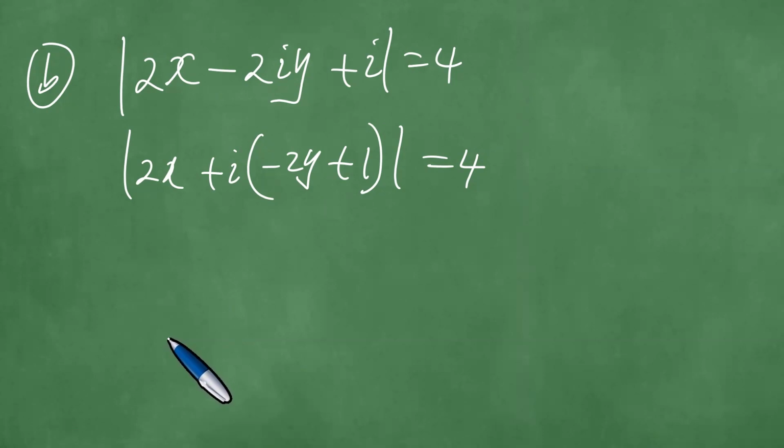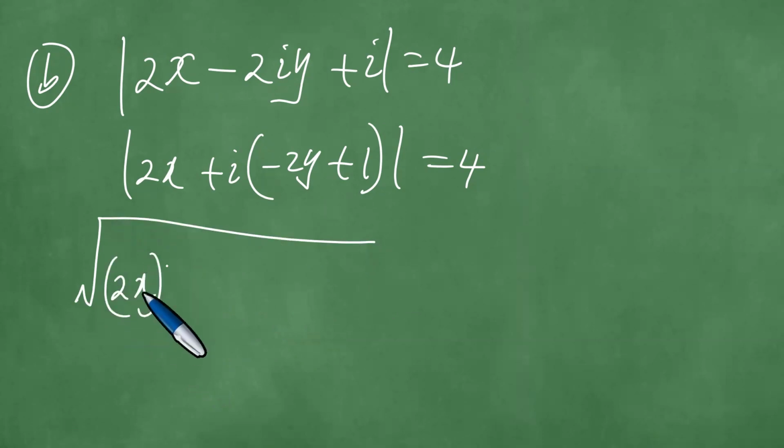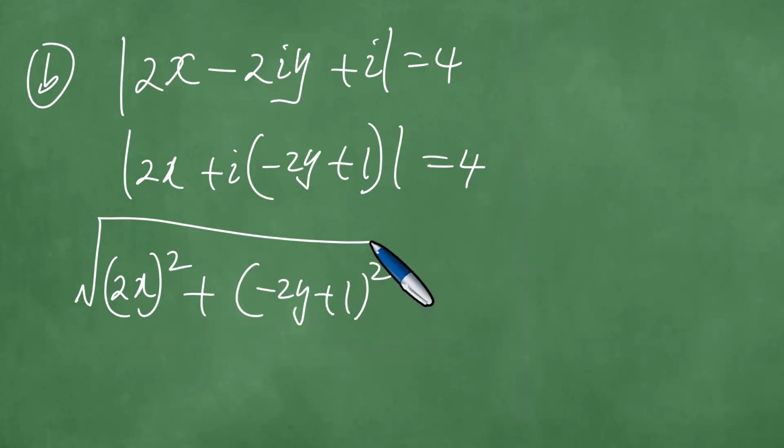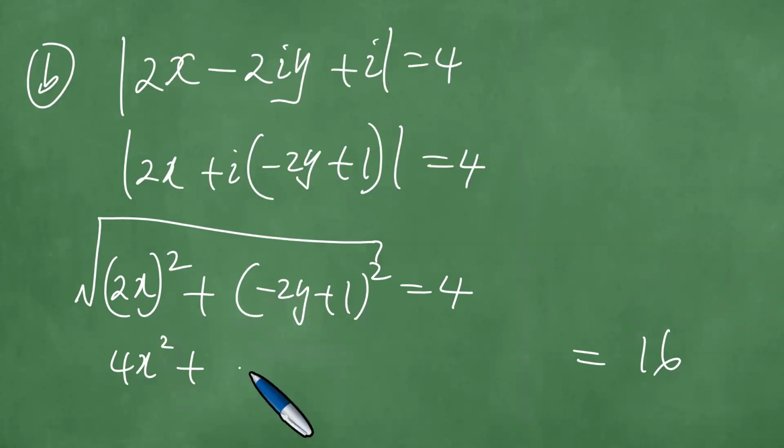What we can do is write the modulus as the square root of 2x squared plus minus 2y plus 1 squared, and this is 4. You square both sides. It becomes 4x squared, and if you square 4, you get 16. And you square this one, it becomes 4y squared minus 4y plus 1.